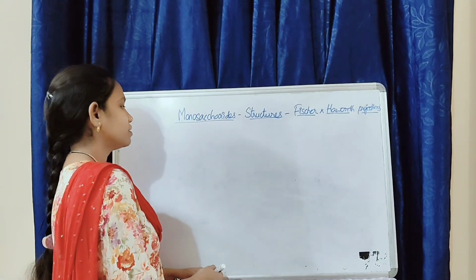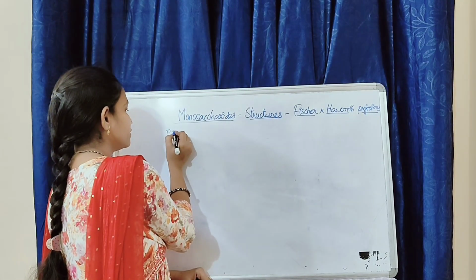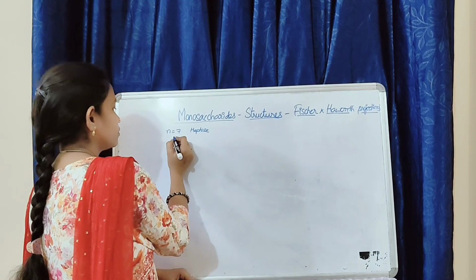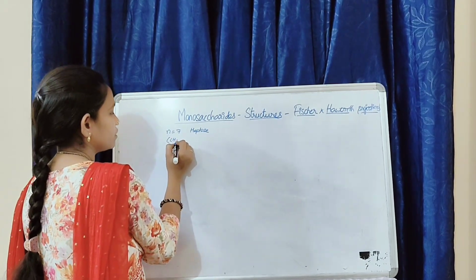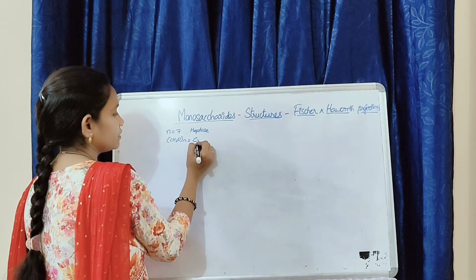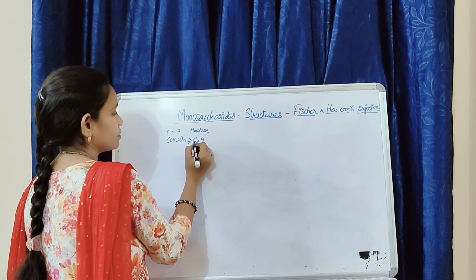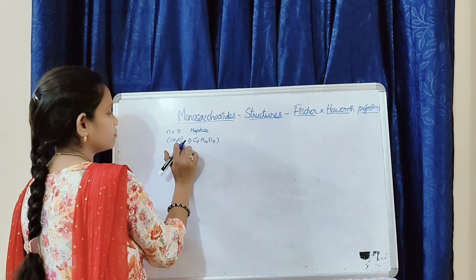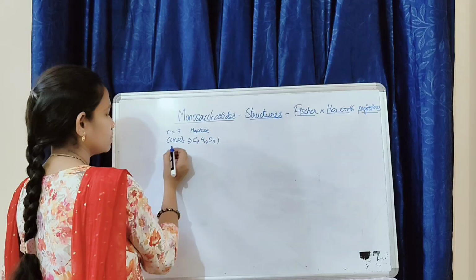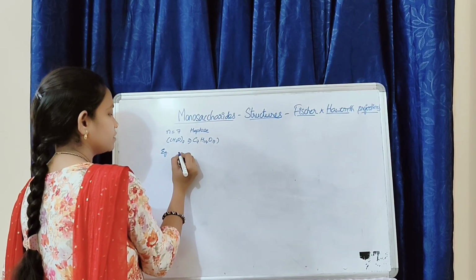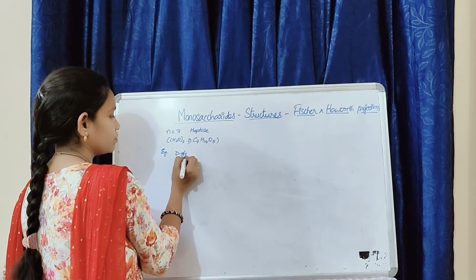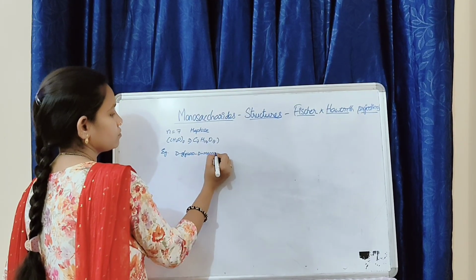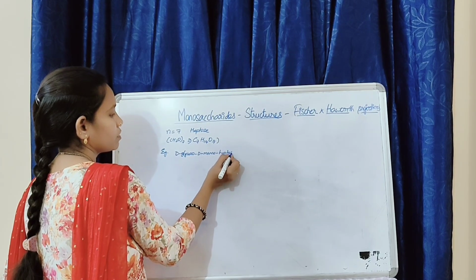Now let's see the final based upon carbon atoms, that is n is equal to 7 means heptose. So substituting in the general formula, we'll get C7H14O7, and here the example is D-glycero-D-manno-heptose. Let's see the structure.